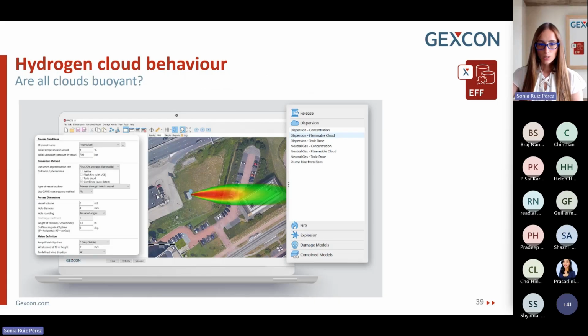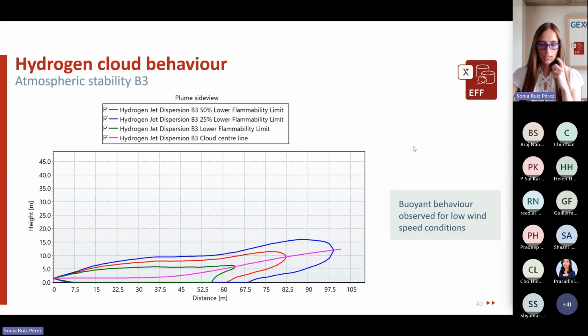But now an interesting question: does buoyancy apply to all hydrogen releases? As you can see from this simulation here, this is a side view of a hydrogen flammable cloud for an atmospheric stability class of Pasquill B and a wind speed of 3 meters per second. What we see here is that the plume remains grounded due to the high momentum from the release of hydrogen at 500 bar.